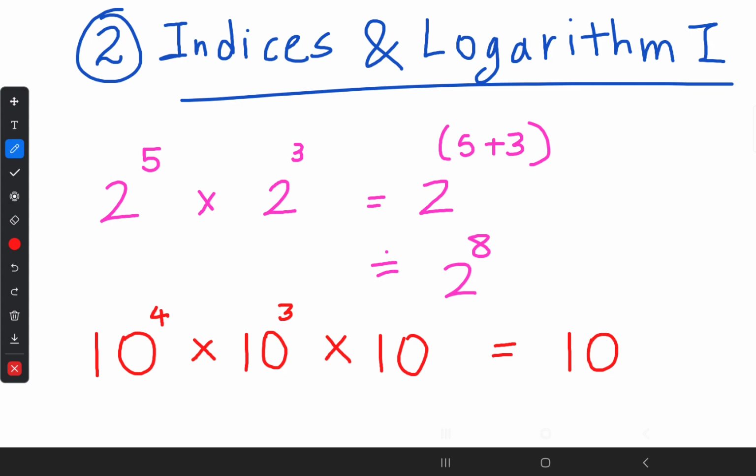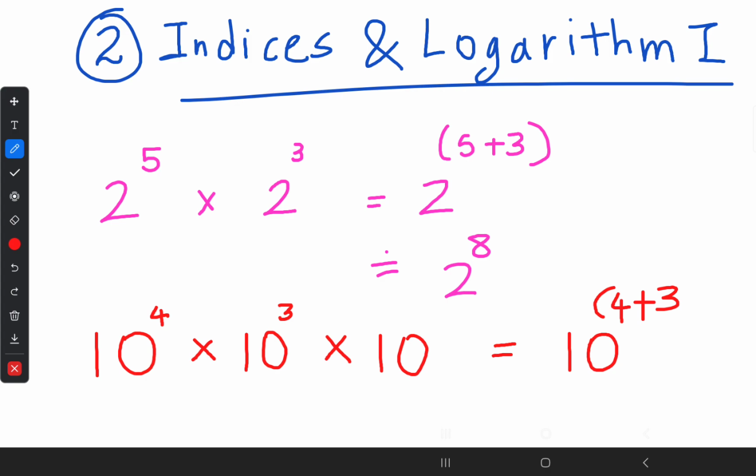So multiplication means when we convert that indices to logarithmic form, that multiplication will become an addition. Here we have the power as 4, index, power, all these mean the value on top. 4 plus 3, and here I didn't indicate any number.